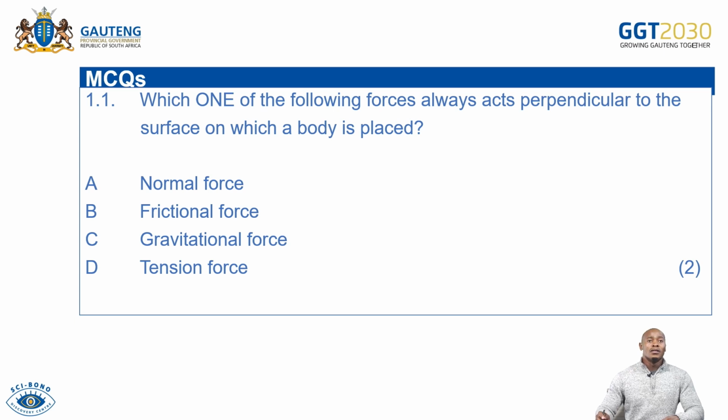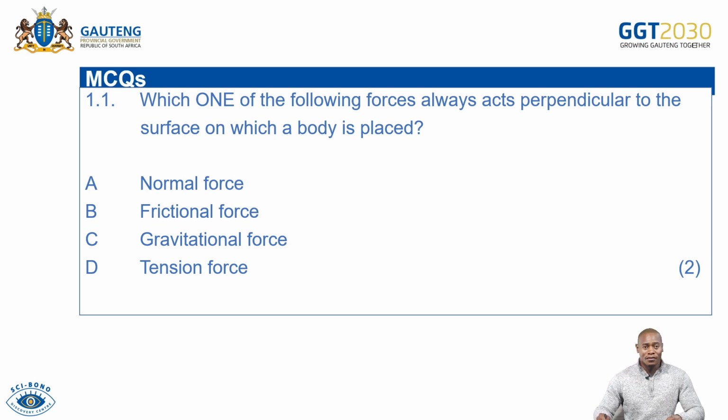So instead of asking about the force that always acts perpendicular to the surface, they could say which of these forces are non-contact forces, right? Then you must be able to answer that question, because we have a non-contact force there, which is option C, the gravitational force.